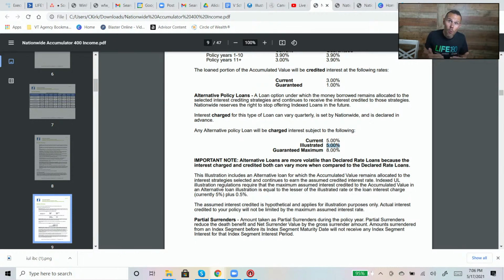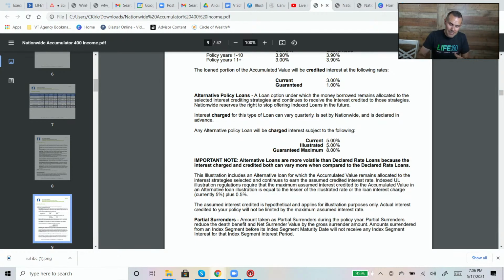So remember, these always illustrate at the best case scenario for you, the insured, for the person who's buying, the policyholder ultimately. And so when you look at this, they're illustrating at the current rate. The current is always what it's illustrating at right here, right? And so they're illustrating it at 5, but remember, there are different ways. I talk a lot about reducing cap rates. They can increase loan charges too.